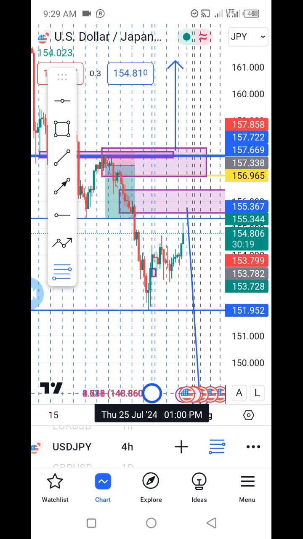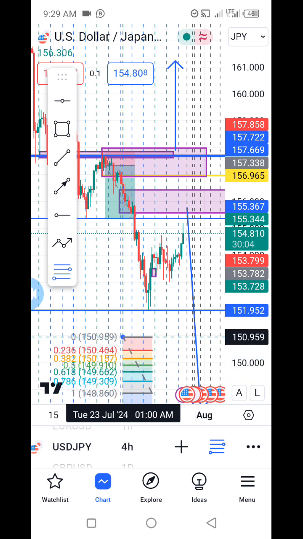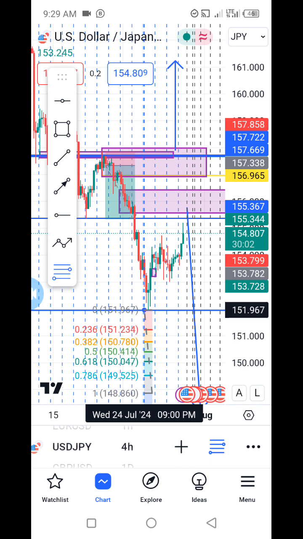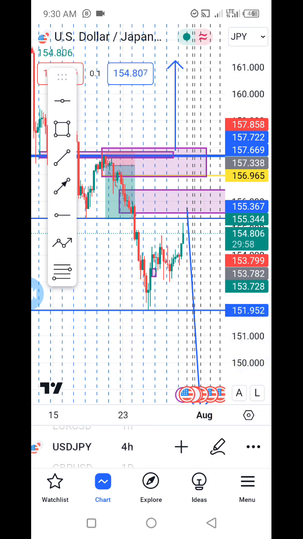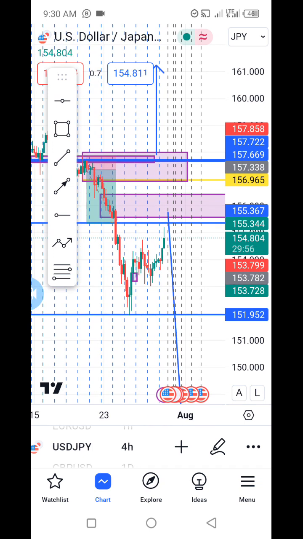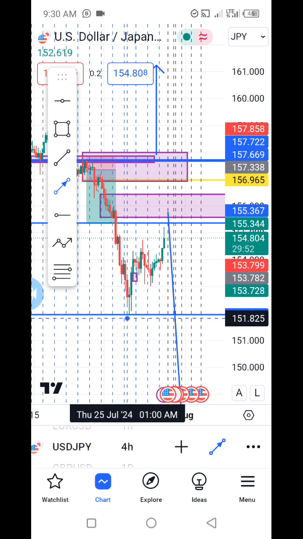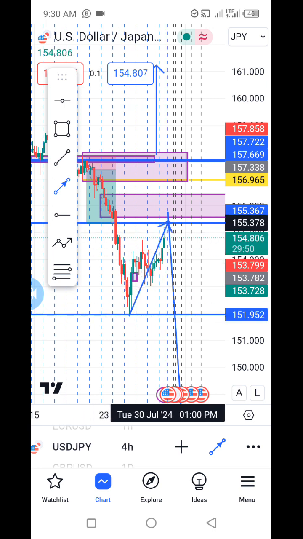So you want to start drawing your Fibonacci retracement when price gets to your break of structure. Alright, you can see that price was pulling back from this lower price zone here. Let me delete this. So how you guys are gonna draw this is that you want to wait for price to pull back from your low to your break of structure.